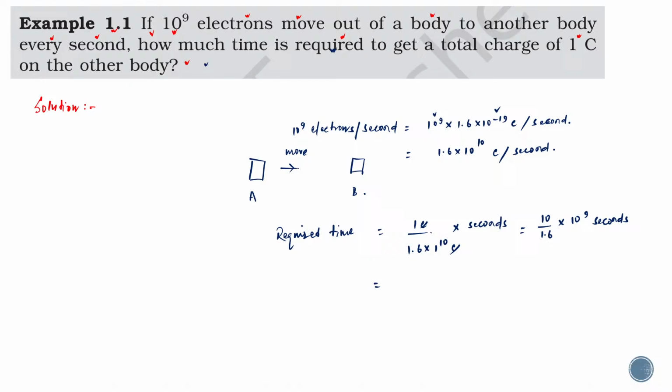When 10 is divided by 1.6, we get 6.25 into 10 to the power 9 seconds. From the solution it is clear that 6.25 into 10 to the power 9 seconds is required to get a total charge of 1 coulomb on the other body B.